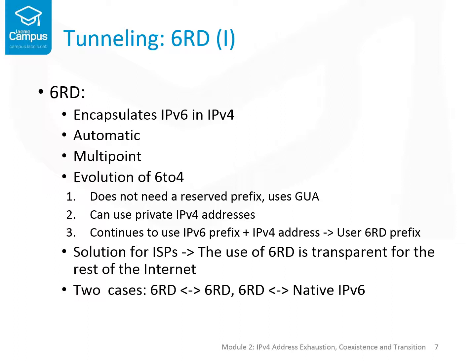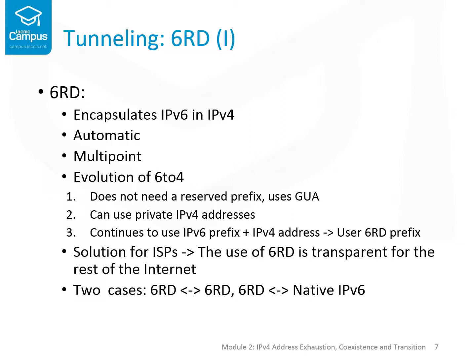In addition, it can use private IPv4 addresses, provided they are unique within the environment where the 6RD mechanism is used. Also, it continues to use an IPv6 prefix plus an IPv4 address, forming what is known as a user's 6RD prefix. This is a very good solution for ISPs, as 6RD is transparent to the rest of the Internet. It is only used within the ISP, where it controls all of the elements of this solution.